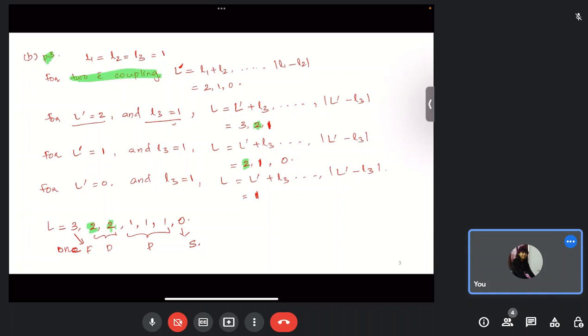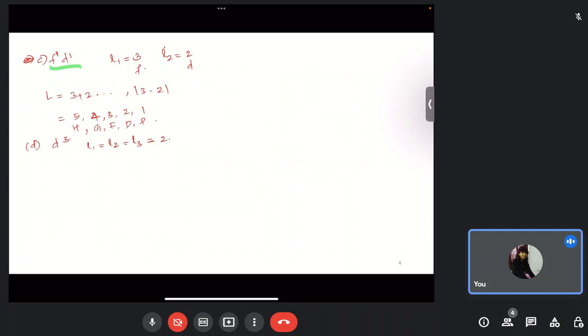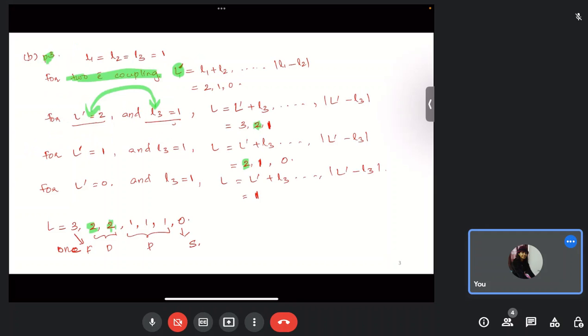Then you have to treat the outcome of that L value as one of the individual orbital angular momenta, and consider its coupling with the other electron. And we have also seen how it is done for F1 B1. You can try how it is done for P3. It follows the same protocol.